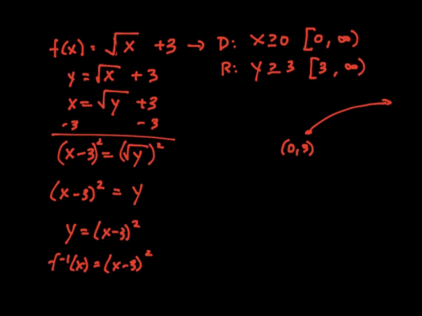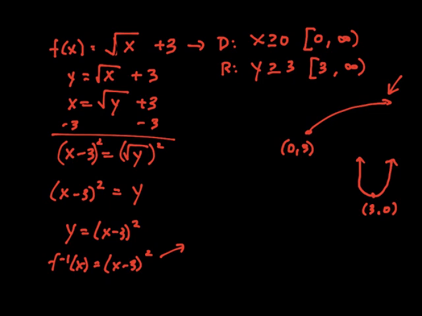Okay, now for the domain and range of the inverse, it's a parabola. It's a parabola that looks like this. Okay, with the vertex at 3, 0. Okay, but since it being an inverse of this function right here, it can't be the entire parabola.